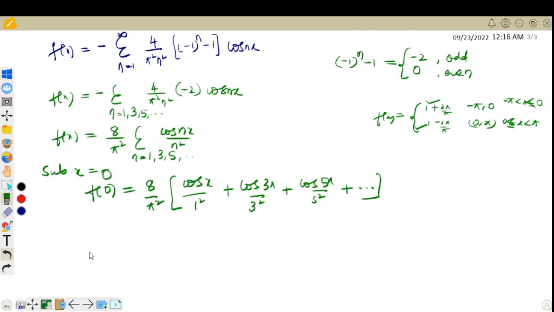Now f of 0 means x equal to 0, so you will get in both cases 1 is equal to 8 by pi square into the series.